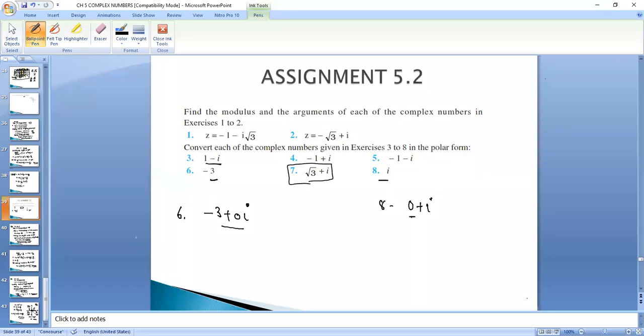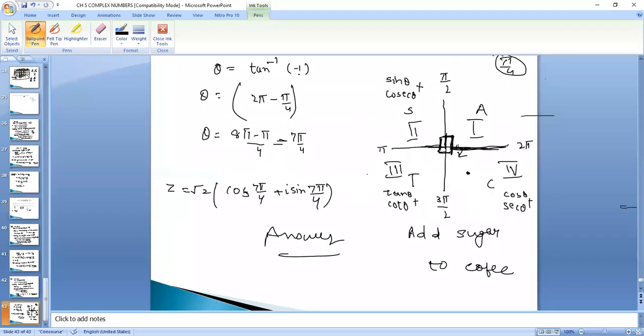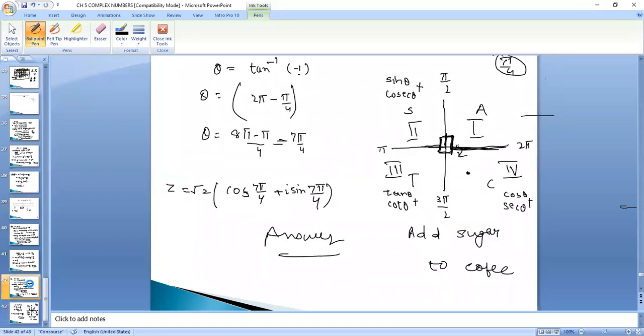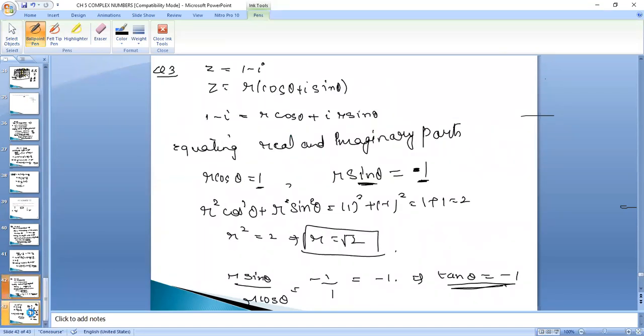Ma'am, it can be the second quadrant also, no? Yes, it can be the second quadrant also in question 3. In the second quadrant sine is positive, but our sine theta is negative. That is why we are not taking it; I have already written here what values we have to take.